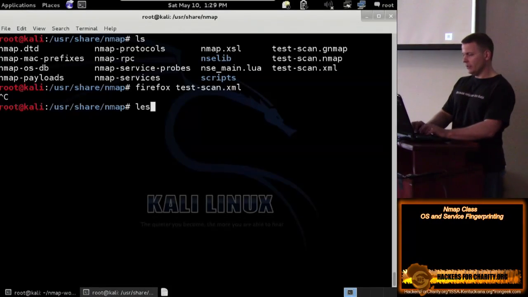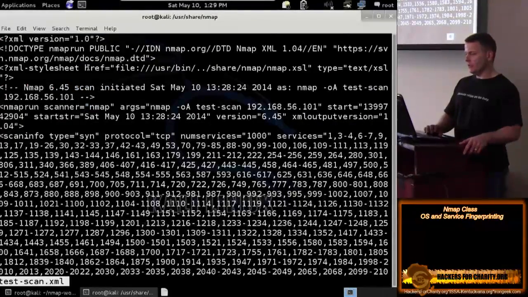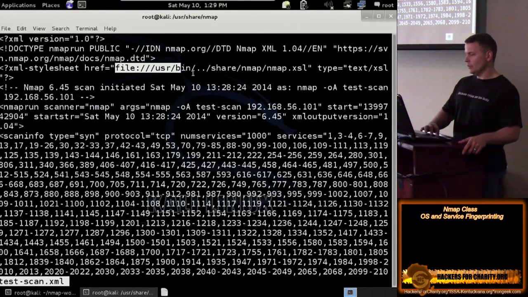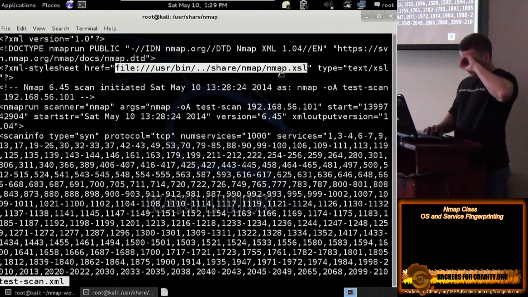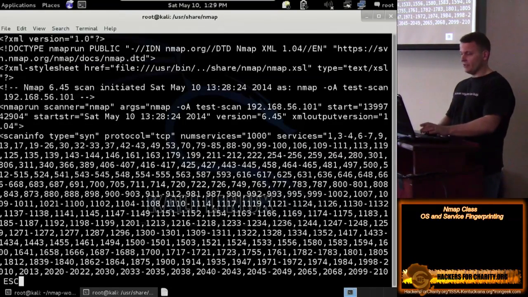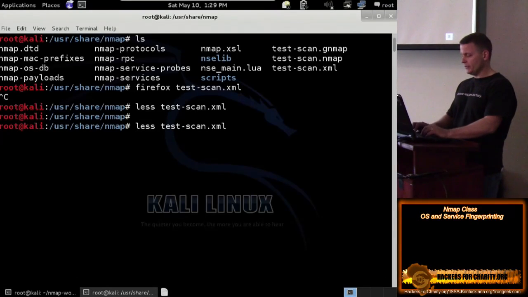But if we look at the XML format a little closer, one of the things you'll notice here at the top is the style sheet that it refers to do all that formatting. So if I were to change this, sometimes you'll end up with some problems.